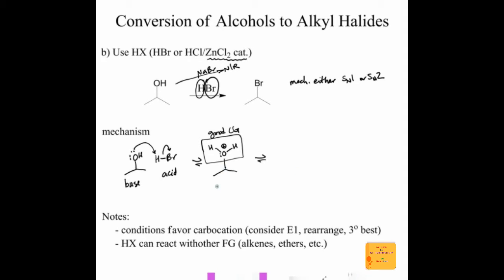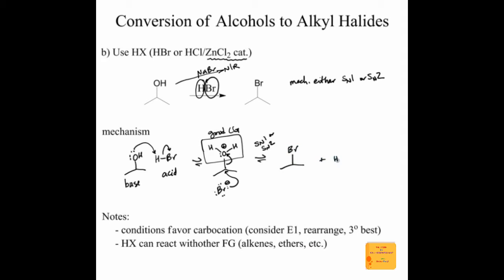Because this is secondary, we probably will get a mixture of both. So remember, SN1 or SN2. In this case, we'd probably get both happening to some extent because it's secondary and they're both allowed. But we can most definitely do our substitution.